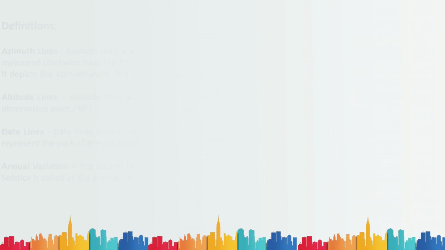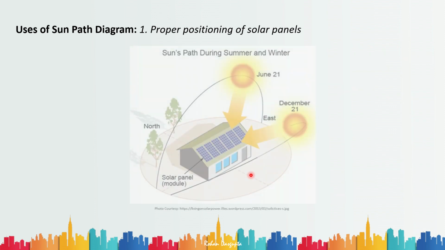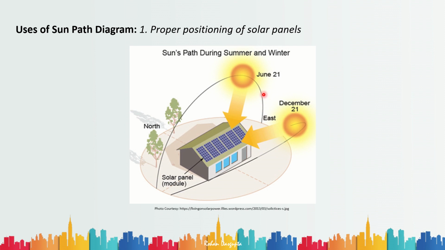Now let's jump on to the last part, which is what are the uses of a sun path diagram. Of course, the number one use is the proper positioning of the solar panel. Now just see here, if you know that your sun path is like this on June 21st, that is the summer solstice, and your path of the sun is like this on December 21st, that is the winter solstice, so definitely you would want to place your solar panels on this side of the roof and not on this side of the roof, because you want maximum output from this, isn't it?